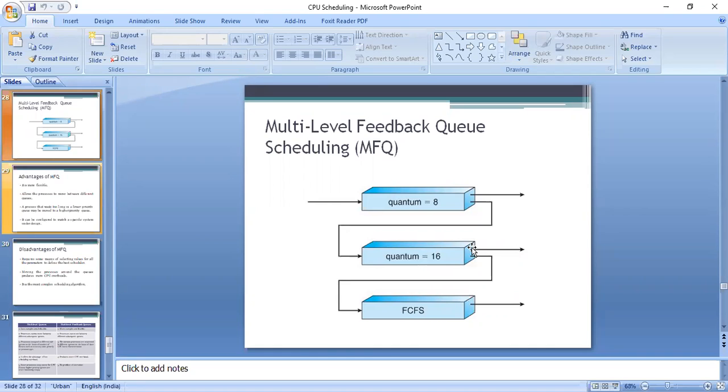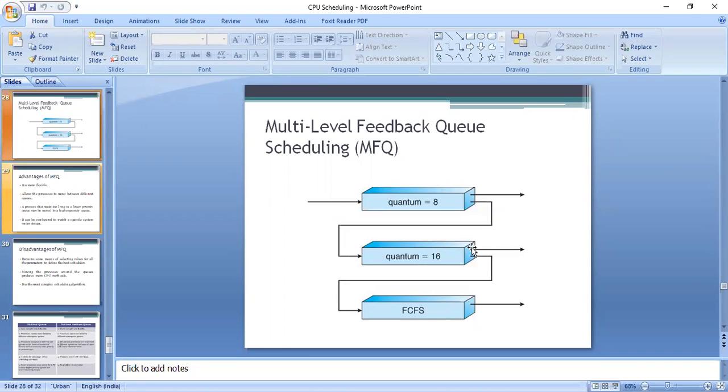In multi-level feedback queue scheduling algorithm, we allow the processes to move from one queue to another as and when it is required. It uses many ready queues, associating a different priority with each queue, right? So the idea is to separate processes according to the characteristics of the CPU burst.